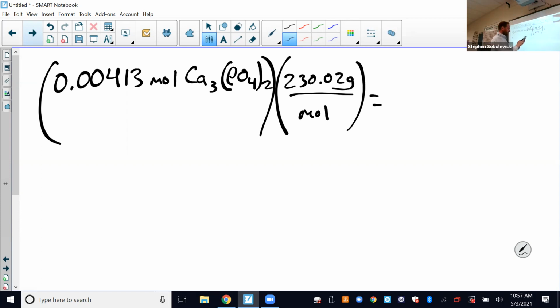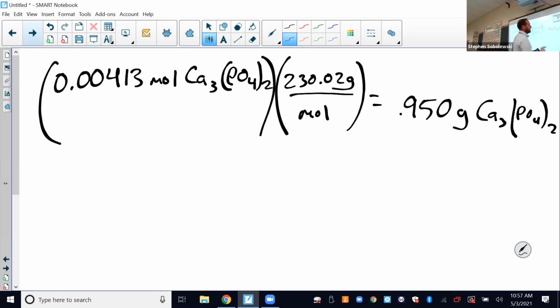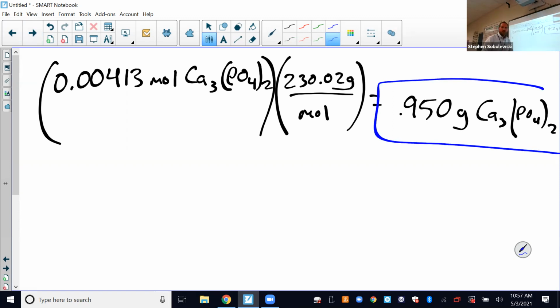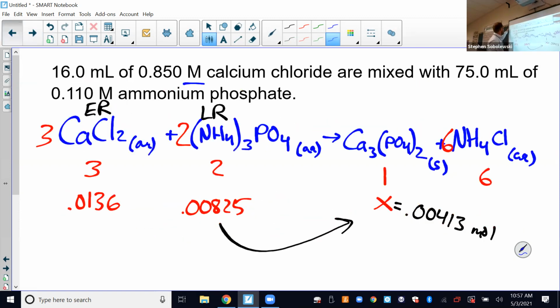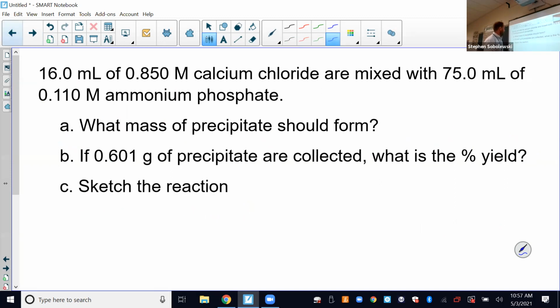Mole cancels mole, and I got 0.9499, which is 0.950 grams of Ca3(PO4)2. So the answer for part A is right here. That's how much you should get, 0.950.